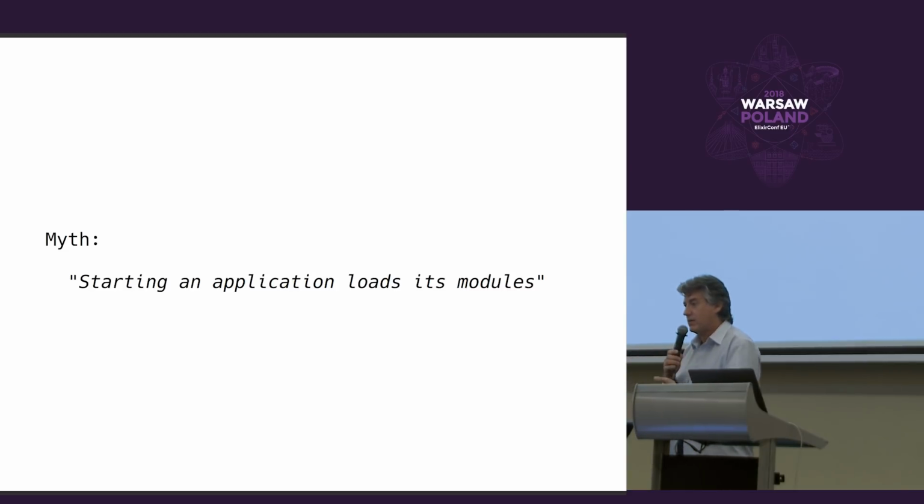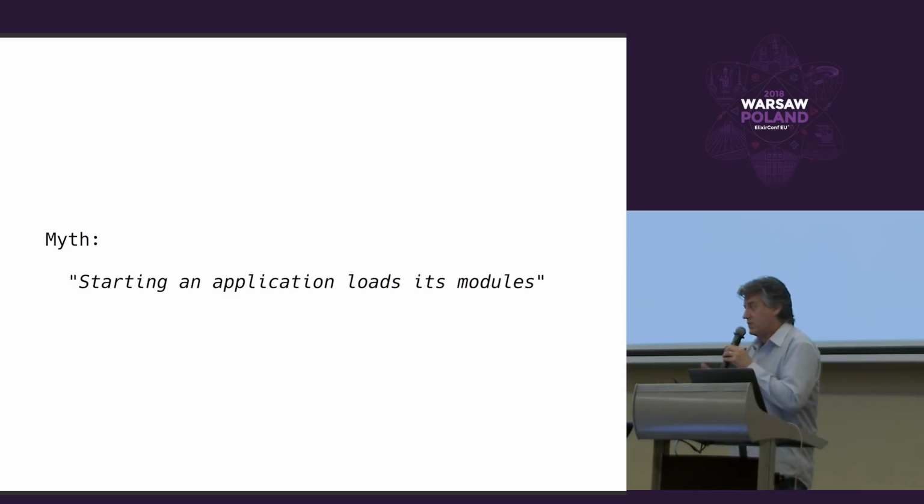If you are in interactive mode, which is normally the mode you run in development, modules are loaded on demand. So there's an auto-loading mechanism that when you first want to call a function in a module and that module is not loaded, there's code that catches that, loads the module into the BEAM, calls the function, and is transparent for you.